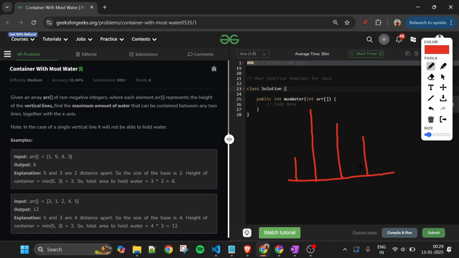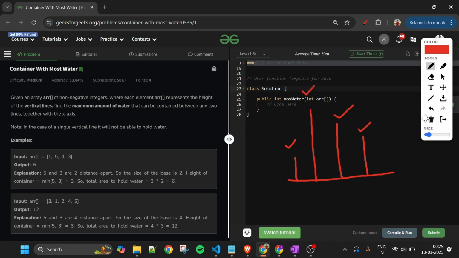If I change the language of the problem, we have to find two lines and maximize the amount of water I can store, such that we only take two lines. Let's suppose I pick these two lines, how much water can I store? If I pick this line and this line, how much water can I store?